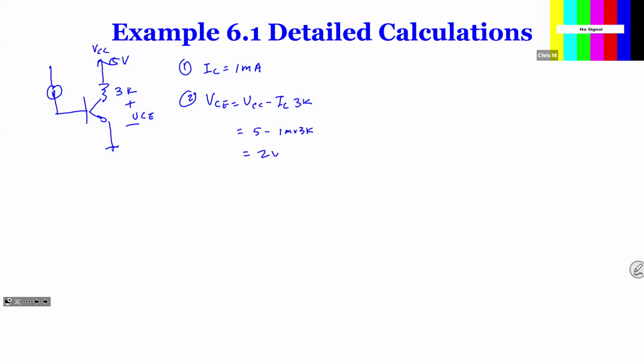That gives you 2 volts, which is larger than 0.3 volts, so it is in active mode. This confirms that this circuit is in active mode. So we found VCE and VBE.